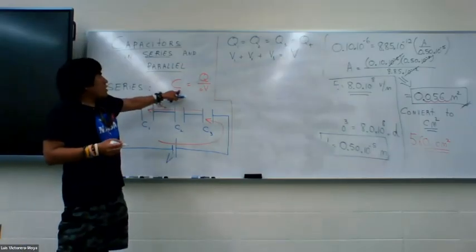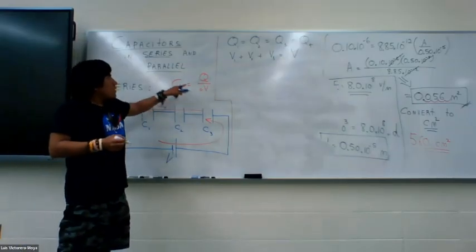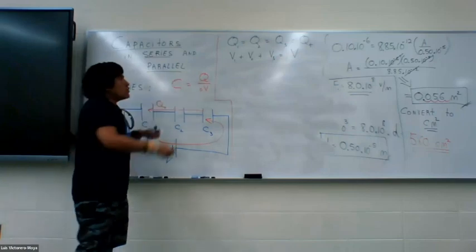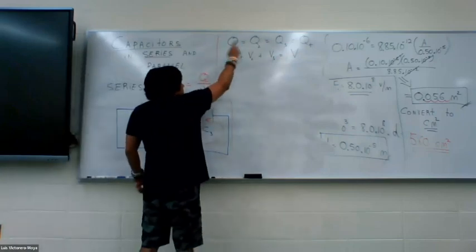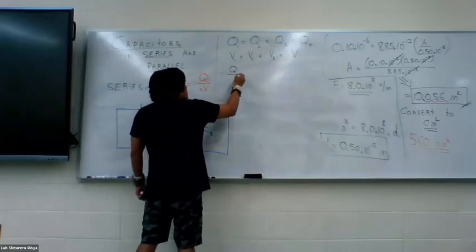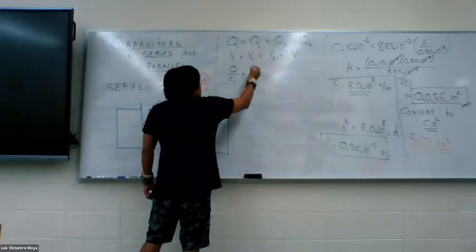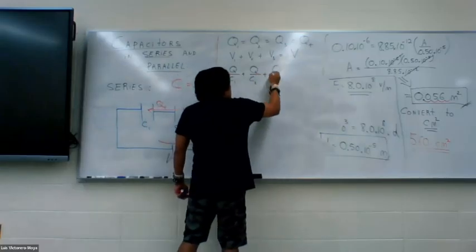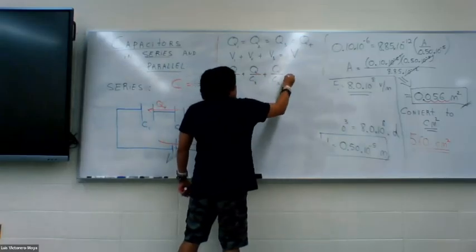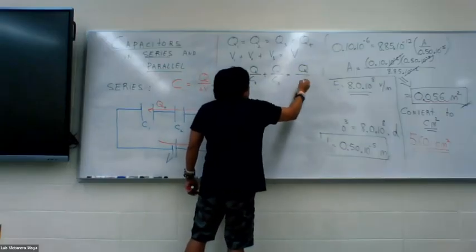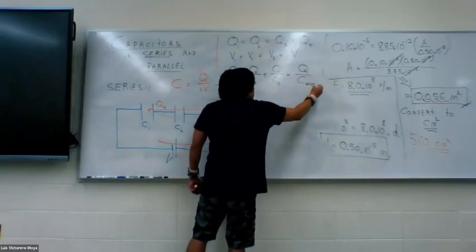Okay, but we have this equation, right? Voltage is Q divided by C. So for each capacitor, since they all have the same charge, V1 is Q over C1, V2 is Q over C2, V3 is Q over C3. And what's V? Q over C equivalent.